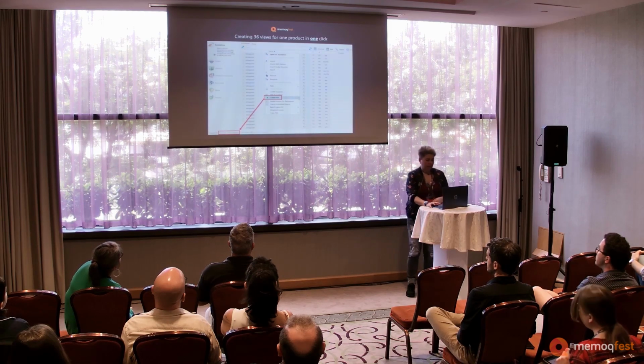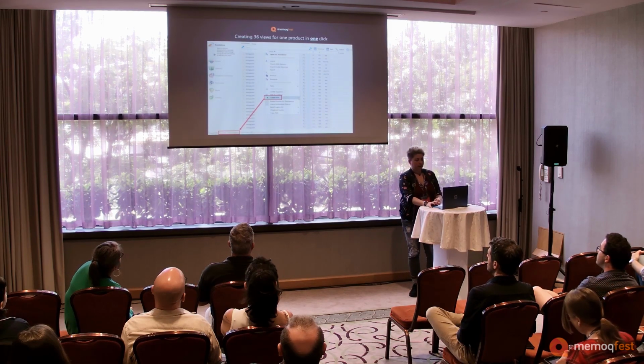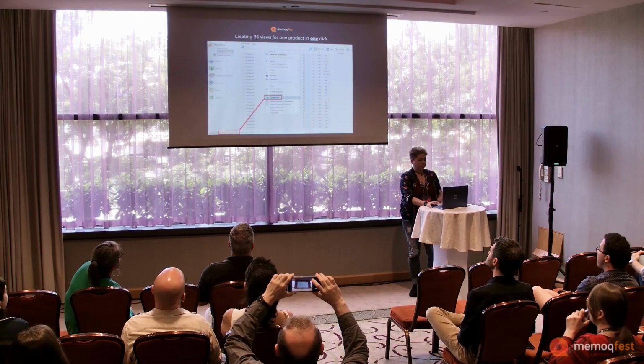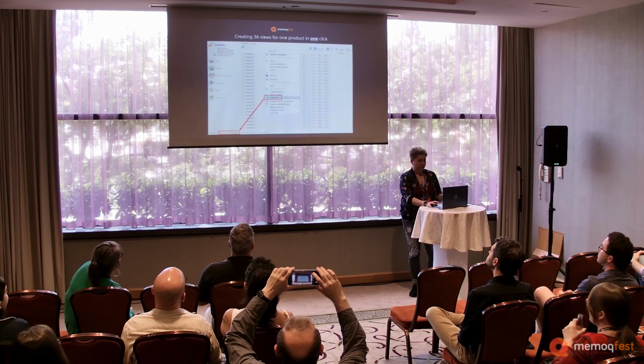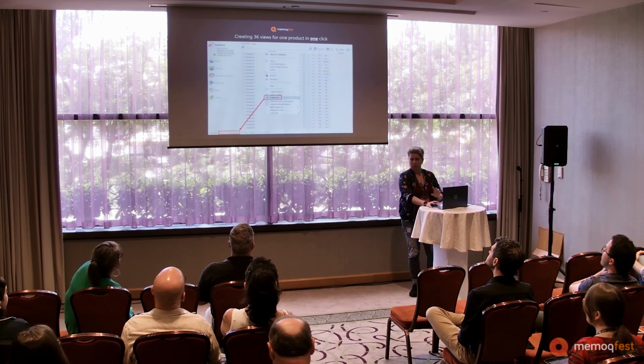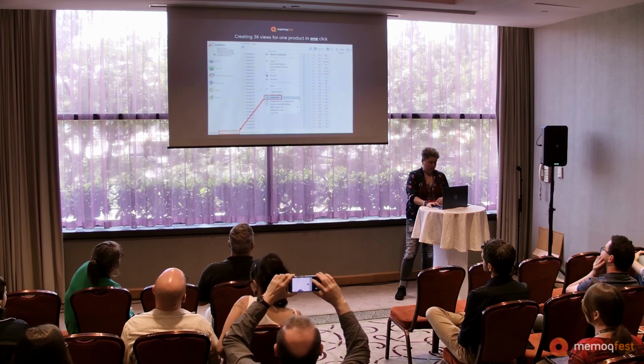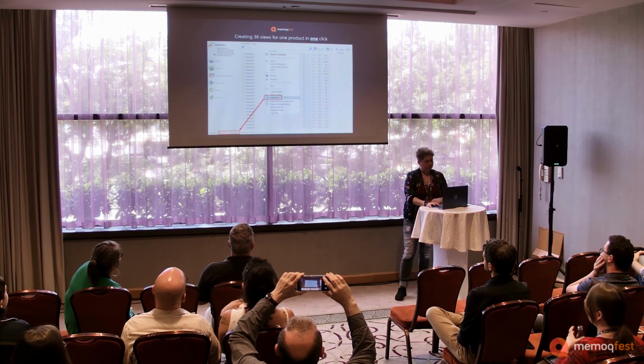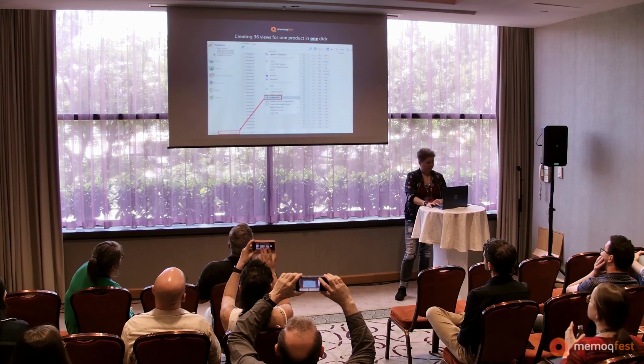So what happens next? Next, we use memoQ's unique feature, the views. As you can see here, we have 36 files with all the products inside. It's a mockup file, so the word count is quite low, but usually it's a few thousand words.